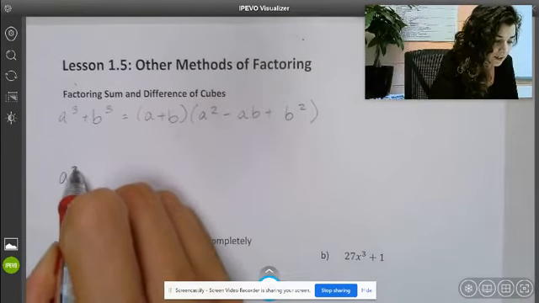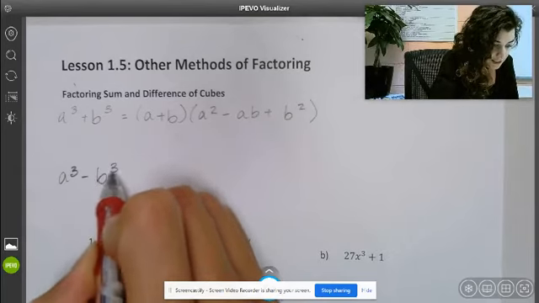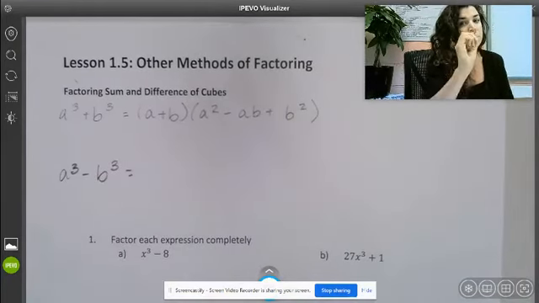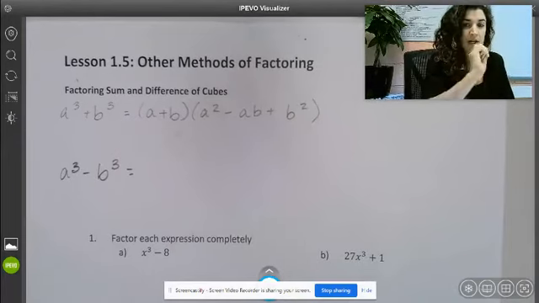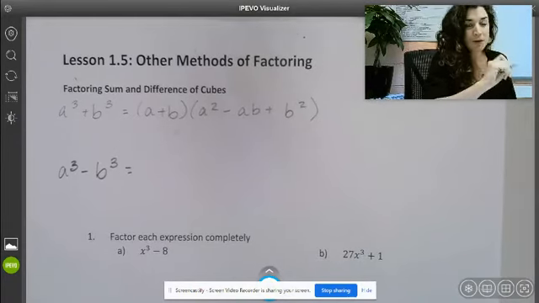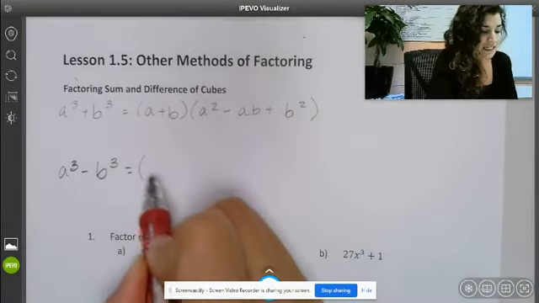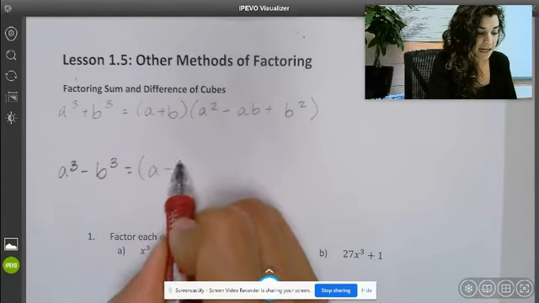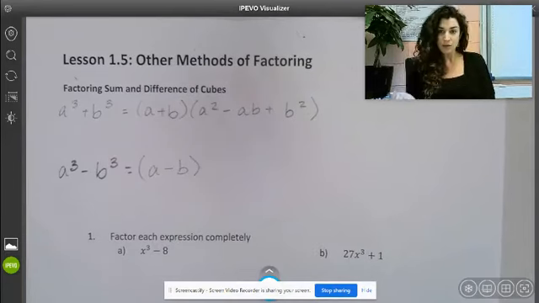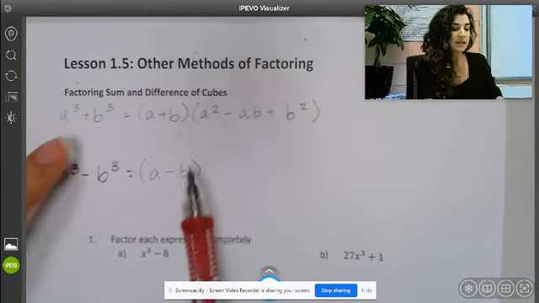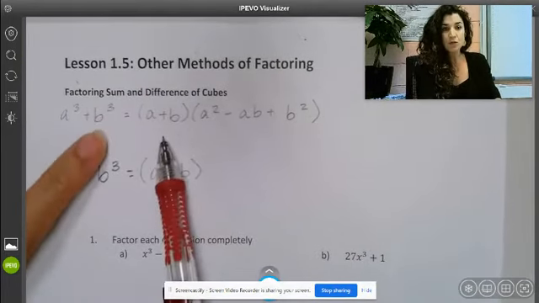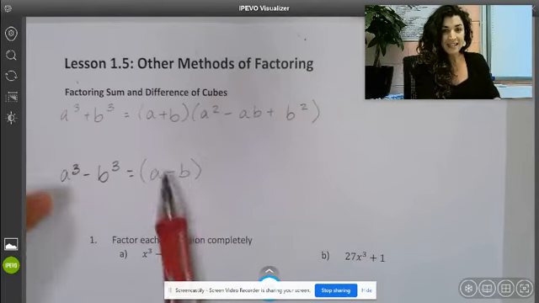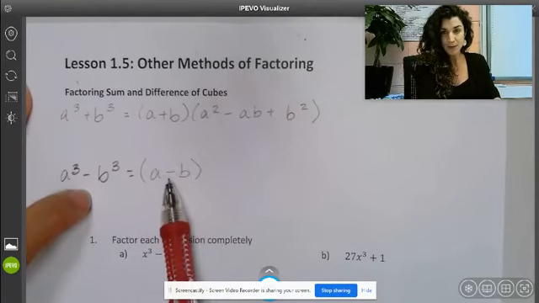You have also got the difference of two perfect cubes, and it follows along very similarly with a few changes. Instead of it being a plus b, it becomes now a minus b. A way that I like to remember how to factor these is that these are the same. For your first term, the sign is the same between the two terms.